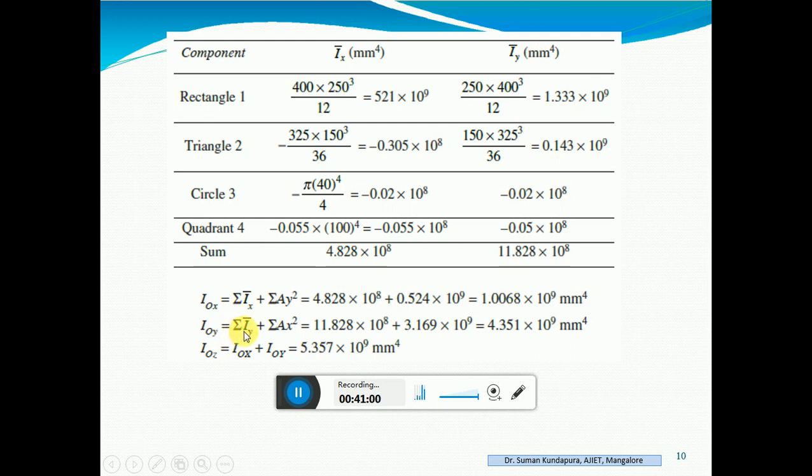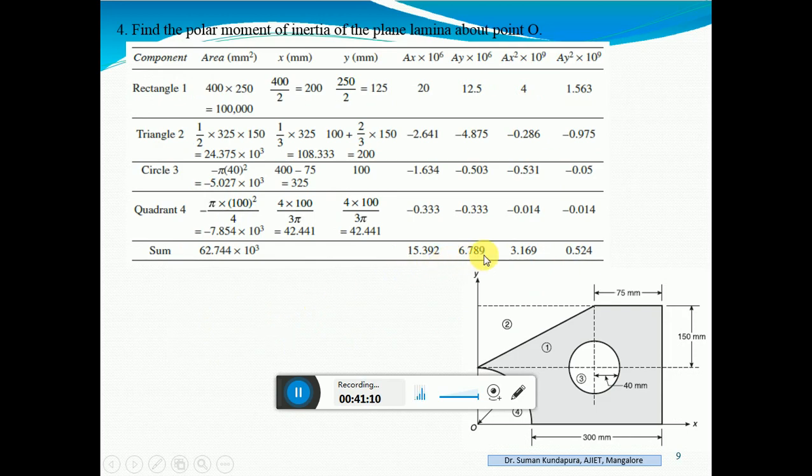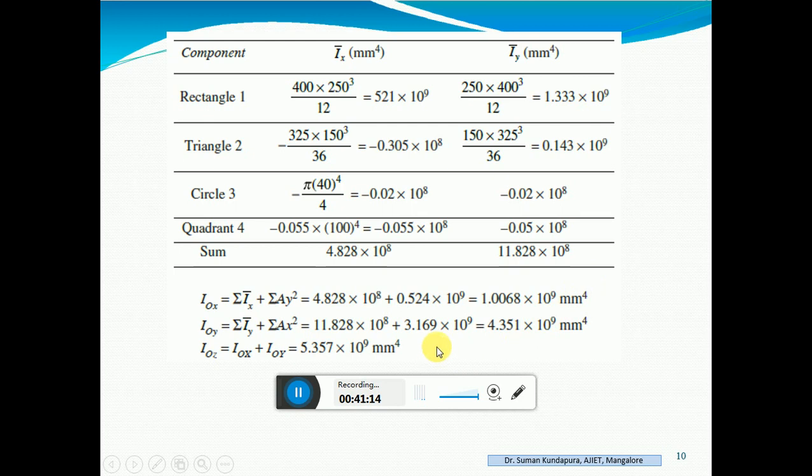Similarly, IOY: summation Iy bar is this one, 11.828 into 10 raised to 8, plus summation Ax squared, which is 3.169 into 10 raised to 9. So you will get 4.351 into 10 raised to 9. Adding both, you will get the polar moment of inertia, that is IOZ, from this problem.